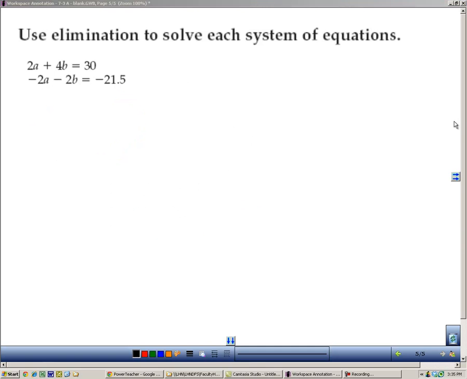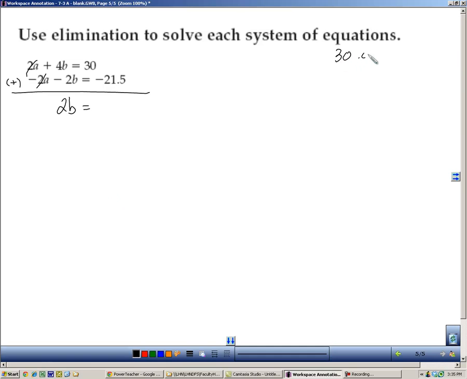Here's our last elimination example. Finally, we get one where the first letter will cancel. 2a plus -2a is 0. 4 plus -2 is really 4 minus 2, so that's 2b. And 30 plus -21.50, that's really 30 minus 21.50.